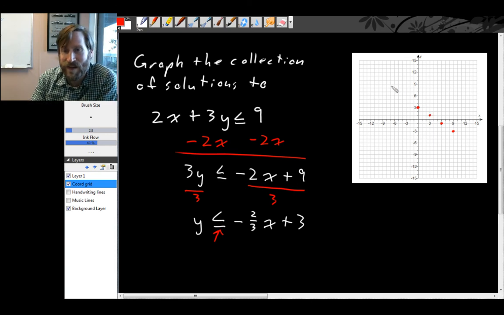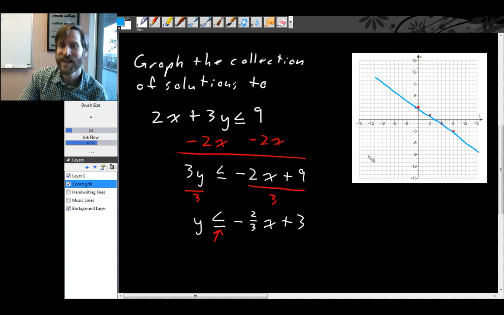So we need some way to indicate that points on the line are included in our collection of solutions. And to do that, we'll use a solid line. So like this. I decided to use blue this time because it seems like we're using blue for the collection of solutions. This time the line itself does consist of solutions, so we'll use blue.